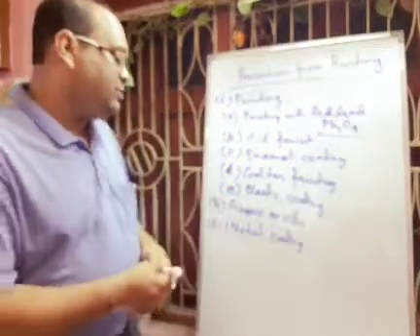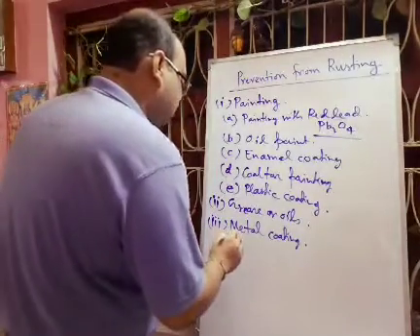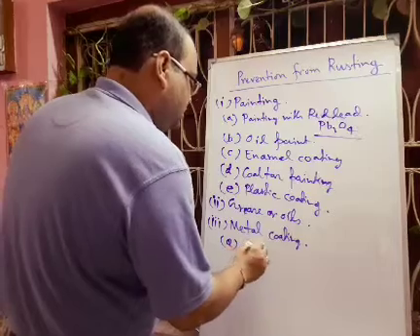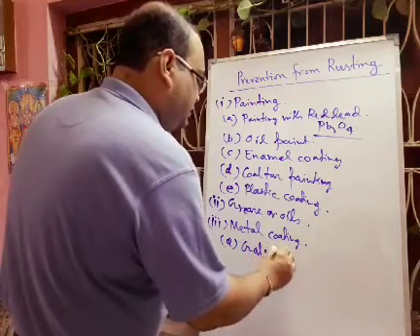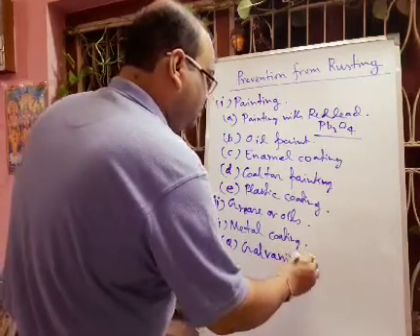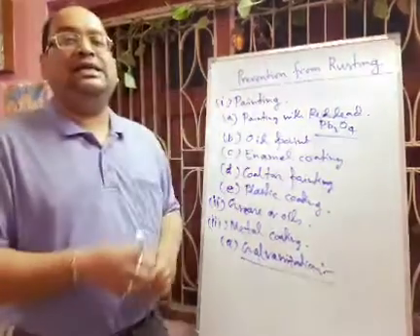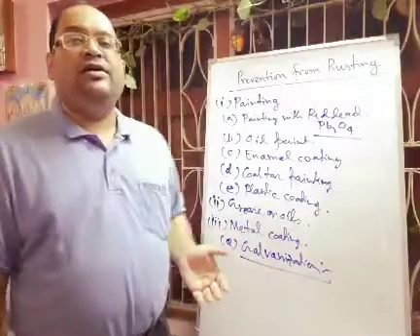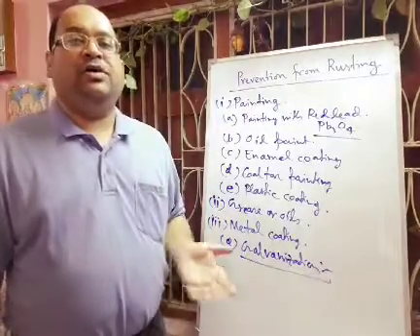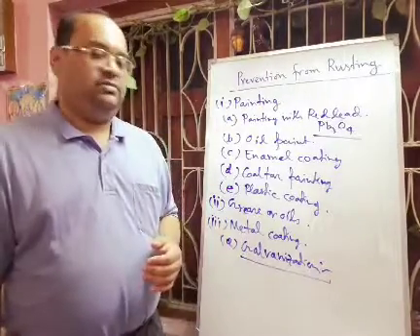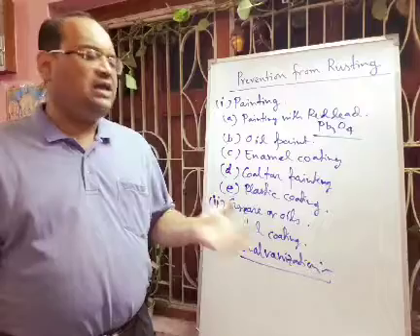Now in your book some processes are given. First one is galvanization. Now what is galvanization? It is the process of coating zinc on the surface of iron metal or iron articles.